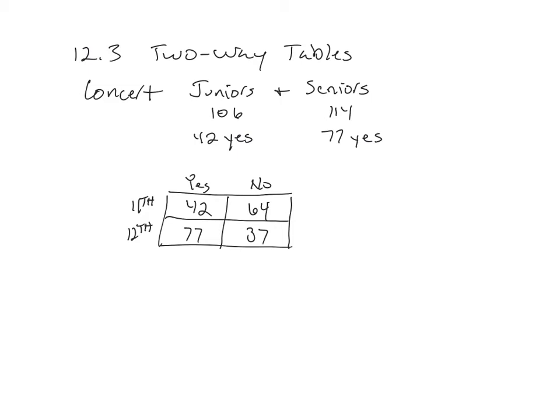So that's just creating a table, but it's going to ask you in the problem to... well, let me define a term. The information that is in these squares is called the joint frequency.